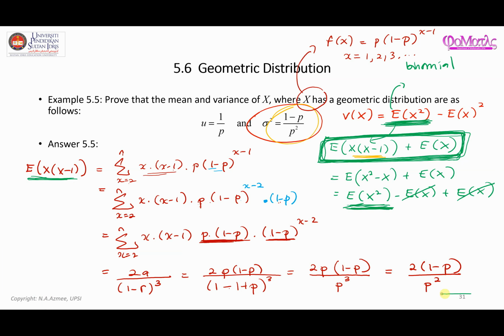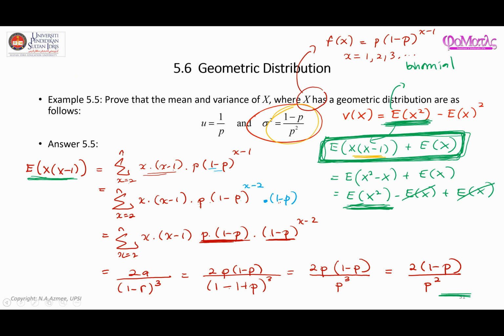Okay, and we are not done yet, because in order to find variance of x, in order to find E[X squared], we need to do something else, some other process. So we're not done yet. Let's move on. So therefore, to find E[X squared], we know that E[X squared] is similar to finding this plus E[X].